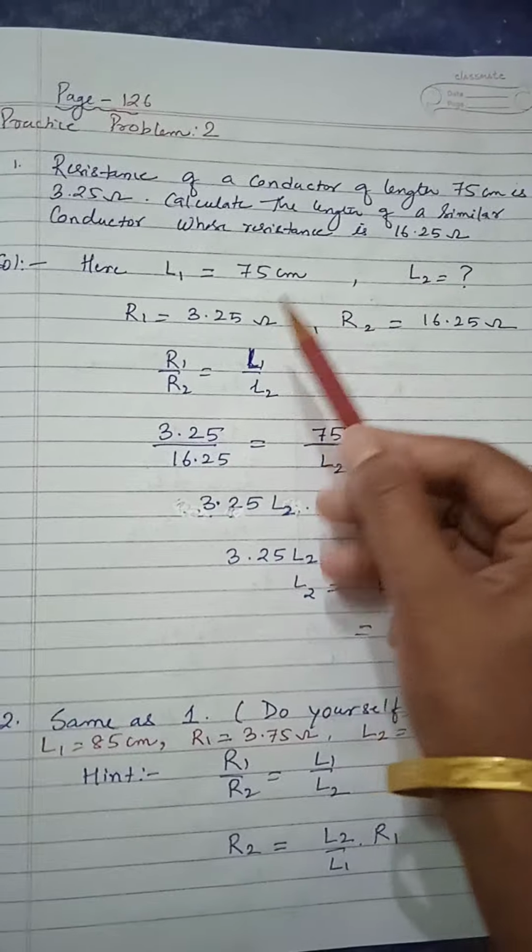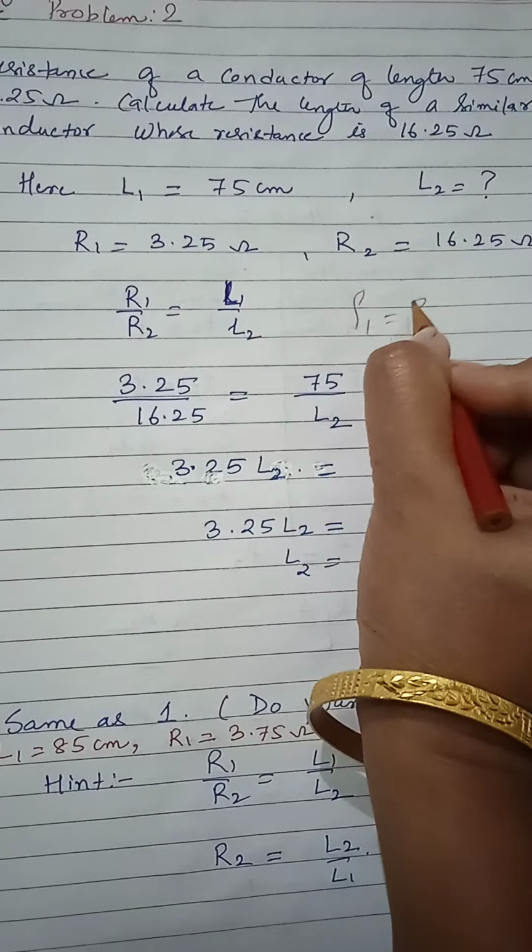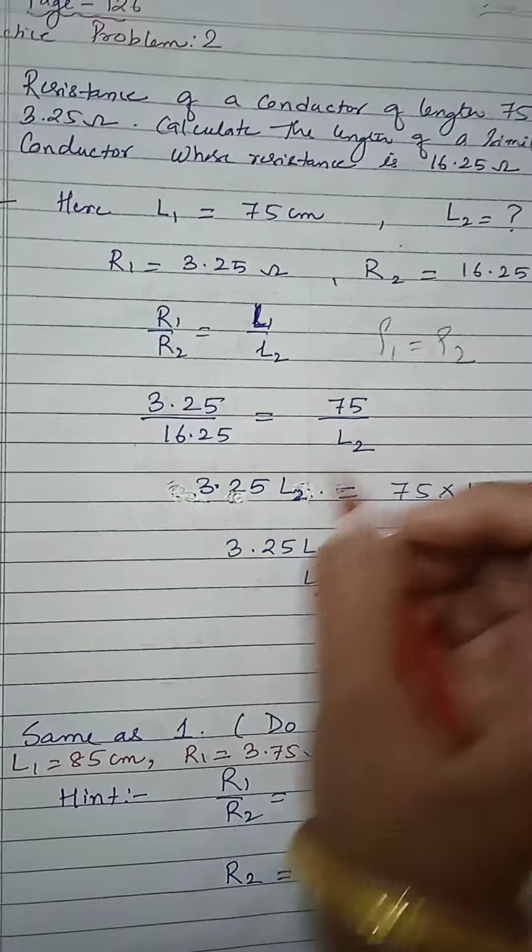So since the material is same, it means your rho 1 is equal to rho 2. Now if you write the formula for rho 1 is equal to rho 2, that is R1 A1 by L1 is equal to R2 A2 by L2.